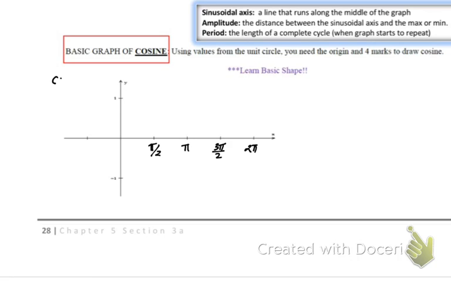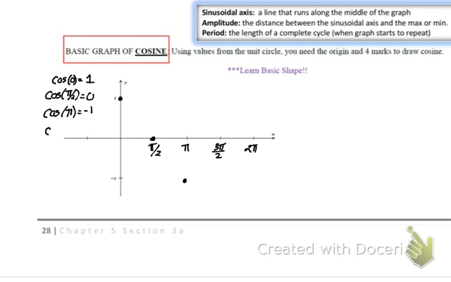And we're going to go ahead and find those values. So we're going to say the cosine of 0, well, that's going to be 1. So at 0, it's going to go up to 1. The cosine of pi over 2 is going to be 0. So we come back down to 0. The cosine of pi, that guy's -1, so we go underneath the x-axis way down here at pi.